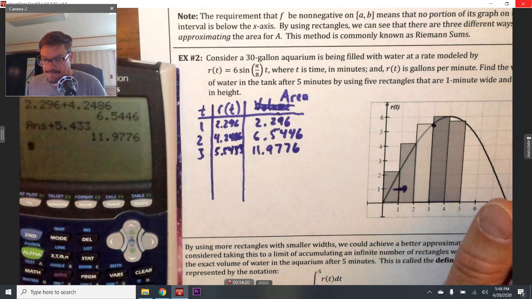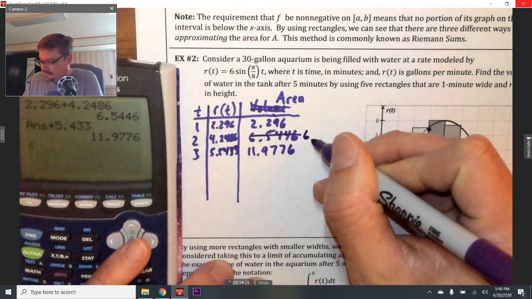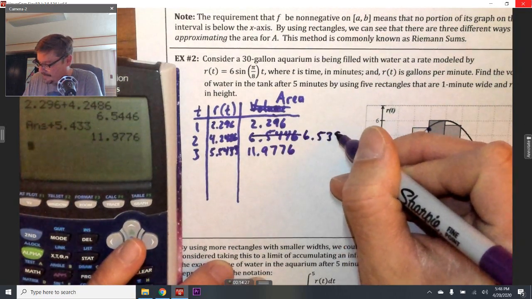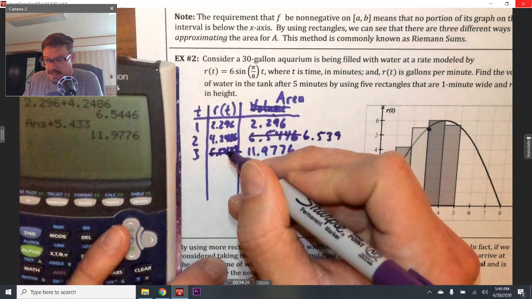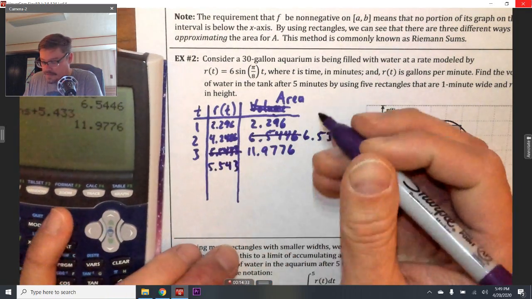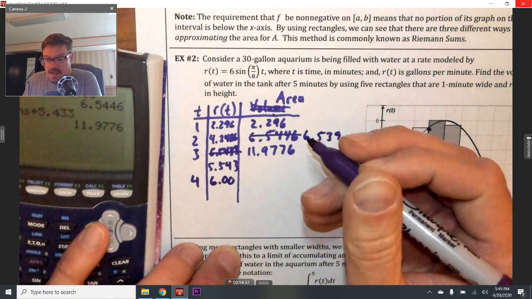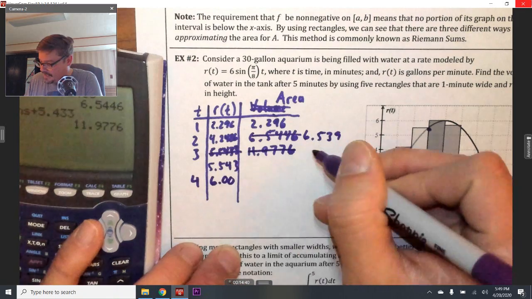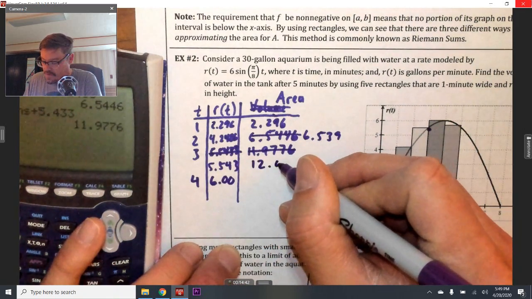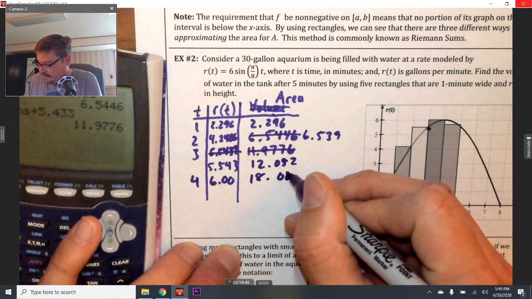Yeah, it looks like they did some rounding in the beginning so that they actually ended up with 6.539, and then this ended up being 5.543. So when I plugged in a 4, I actually get a 6.0. And this ended up adding up to 12.082. I keep adding it as I go.